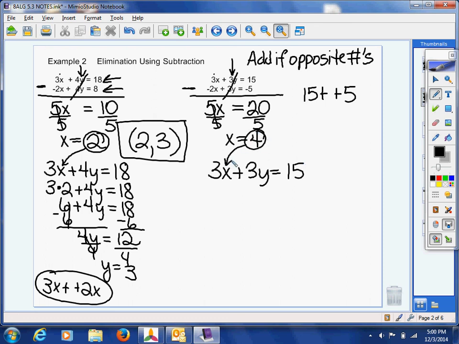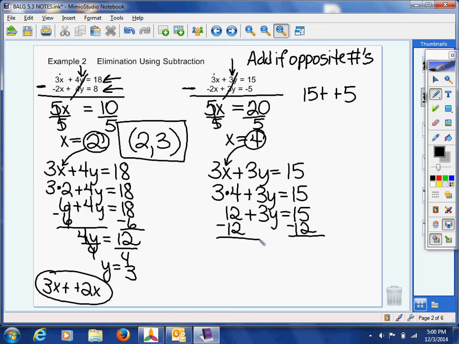All right, I'm going to plug in 4 for the x. Let's do 3 times 4 plus 3y equals 15. 3 times 4 is 12. And then it's a two-step equation from here. You're first going to take away 12. And then you're going to divide each side by 3.